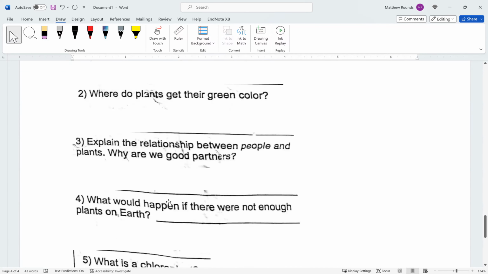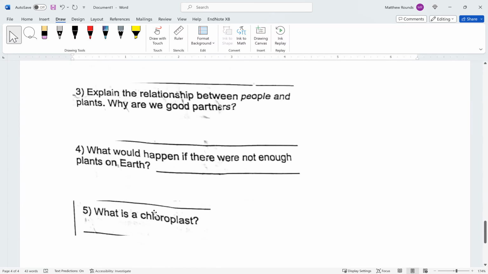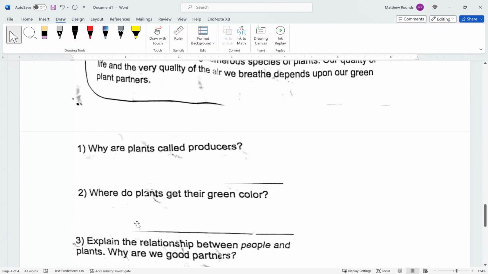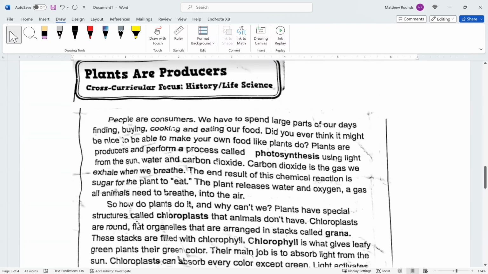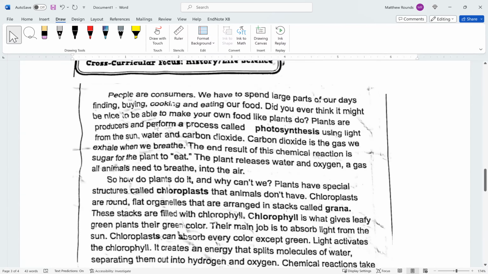Number 4, what would happen if there were not enough plants on Earth? What is number 5? What is a chloroplast? Chloroplast. Good. Okay. So get your paper out and I want you to read just the first paragraph.